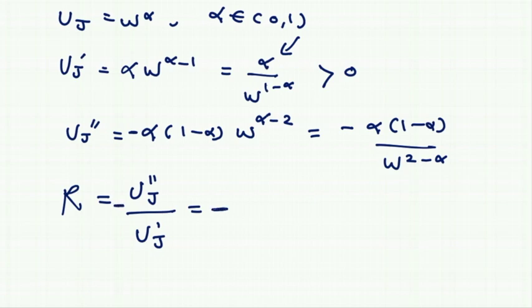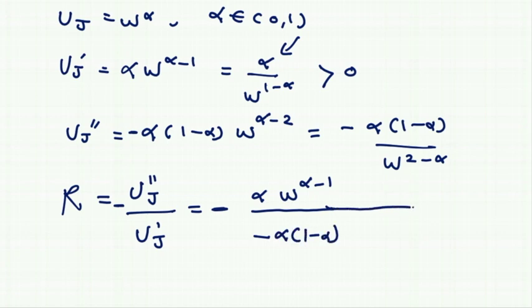So don't forget minus sign here, and then take the answer for the first derivative that we already found. Rewrite it again here. We get alpha W to the power of alpha minus 1. Take the second derivative, put it back here and on the denominator. So we have minus alpha, 1 minus alpha. Let's extend this line. And W to the power of alpha minus 2.